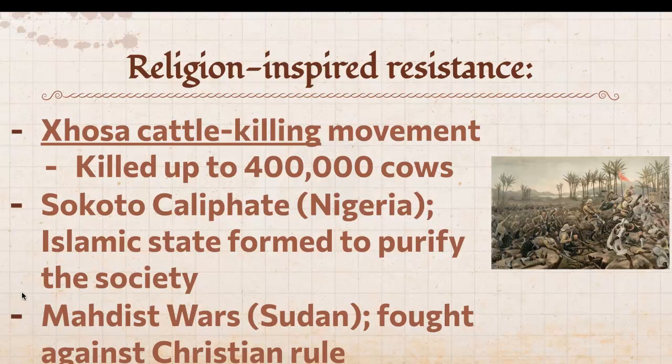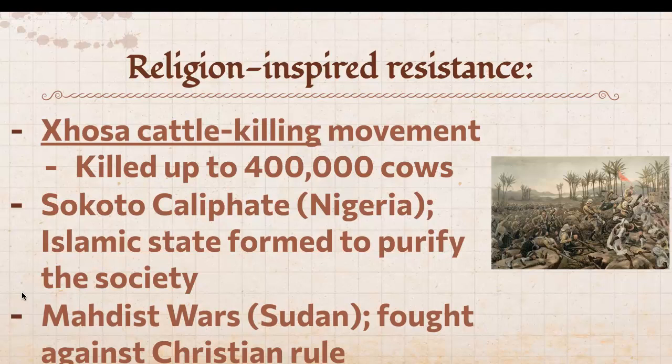We're going to see the Koja cattle killing movement, where up to 400,000 cows were killed in this area because the people believed that their cows were getting sick and not producing milk due to the Europeans coming over and imperializing Africa.